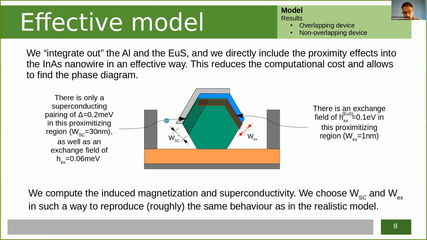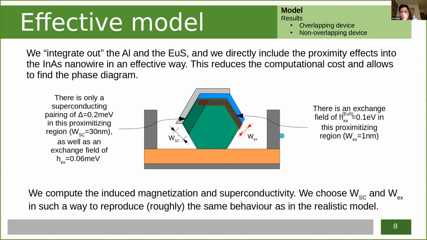Therefore, the weight of the wave function is larger close to the superconductor, and the induced superconductivity applies for a wider region. On the other hand, the europium sulfide is an insulator, so the wave function prefers to be outside this region, and the proximitizing region is very narrow.